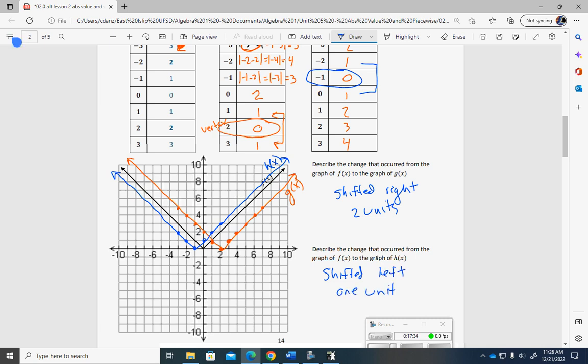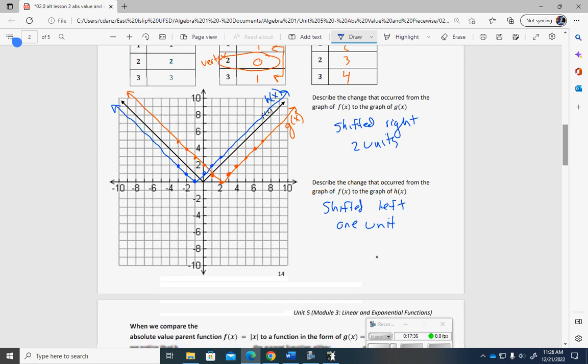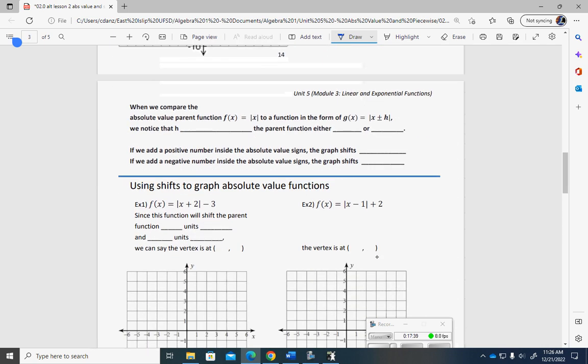So let's go see how we can quickly graph then, after we fill in these notes. So when we have the parent function being compared to a function where we do something inside the absolute value symbols, we notice that the number, that h, will shift the parent function either right or left.